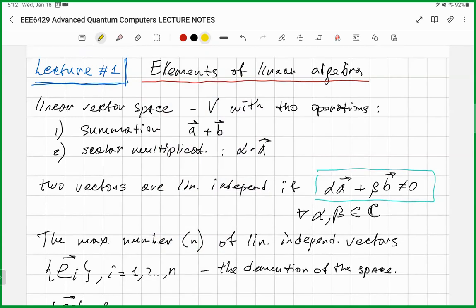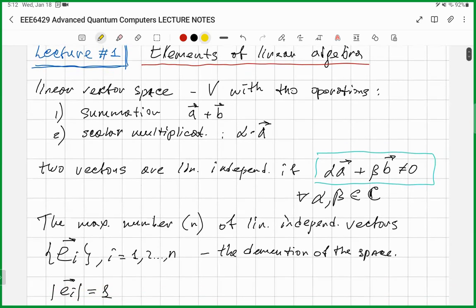So when we talk about linear algebra, the first concept, the first object we have to introduce is the concept of basically linear space. We denoted this linear space by V, capital, and we say that linear space is a space of vectors.